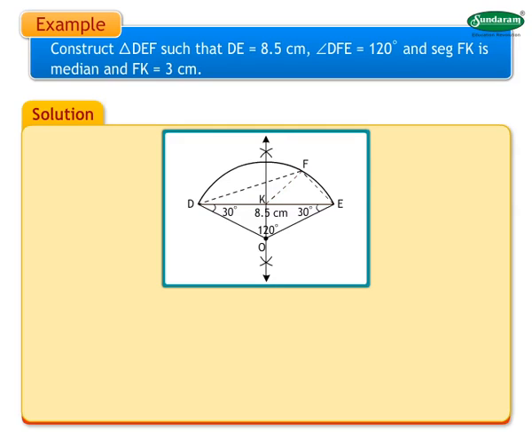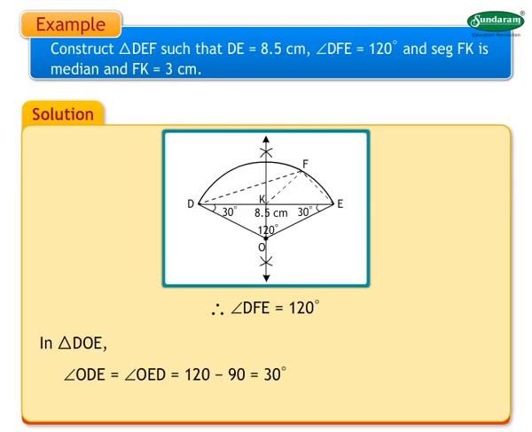Let O be the center of the circle. It is given that angle DFE is equal to 120 degrees. Since angle DFE is greater than 90 degrees and triangle DOE is an isosceles triangle, therefore, in triangle DOE, angle ODE is equal to angle OED is equal to 120 minus 90 is equal to 30 degrees.